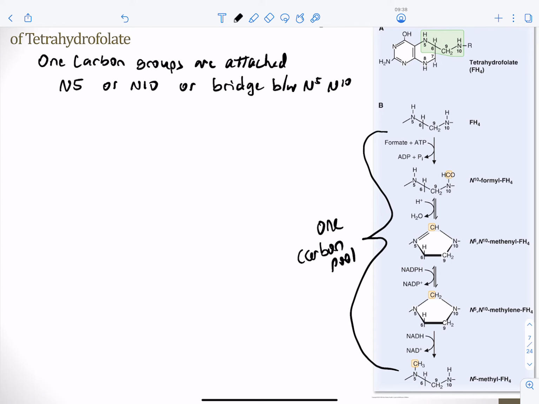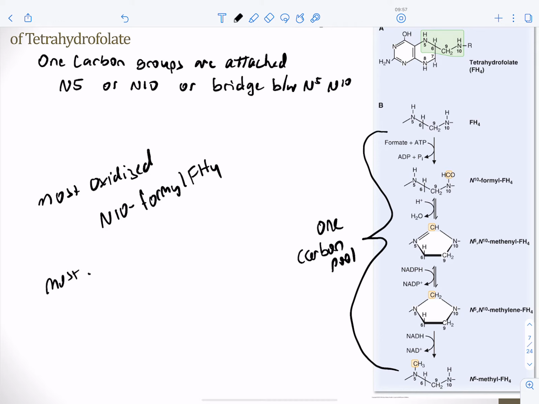The carbon can be oxidized and reduced. The most oxidized carbon is going to be in the N10 formyl tetrahydrofolate, and the most reduced is at N5 that we talked about.